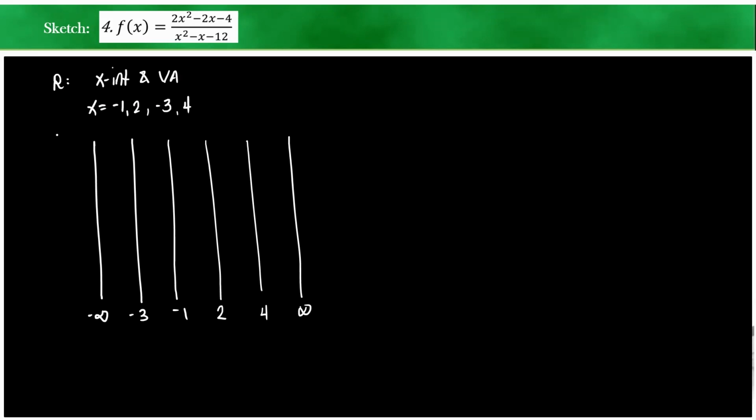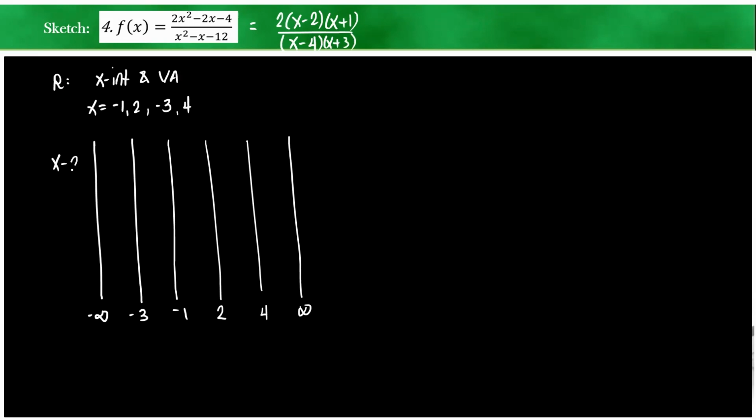So on top, as I said, the factored form is the essential one. Isn't its factored form 2 times x minus 2 and x plus 1? At the bottom, it's x minus 4 and x plus 3. You don't need to write the 2 anymore in here.